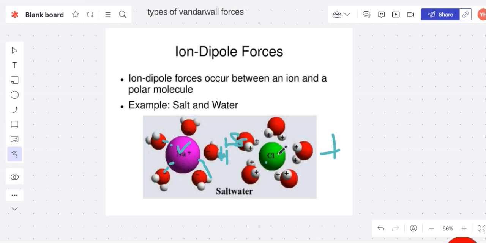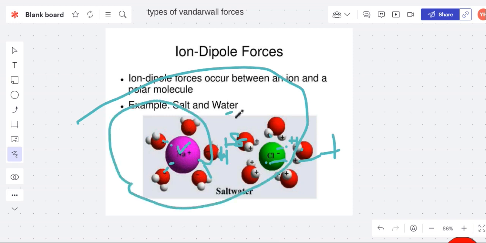The same for this chlorine. This is hydrogen. Chlorine attracts the positive part. In this way, sodium chloride is soluble in water. So this is ion dipole interaction.